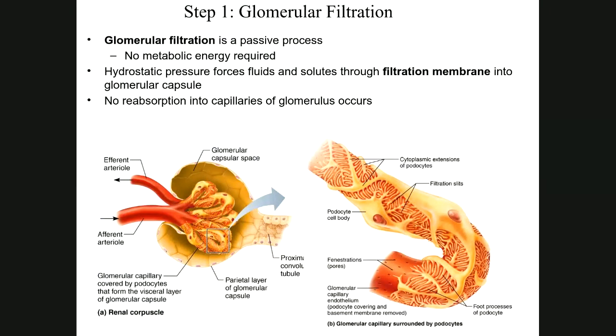No reabsorption happens here. Remember that the glomerular capillaries are covered by podocytes that form those feet, and between them we have the filtration slits. And it's a squamous parietal layer, the capsule.